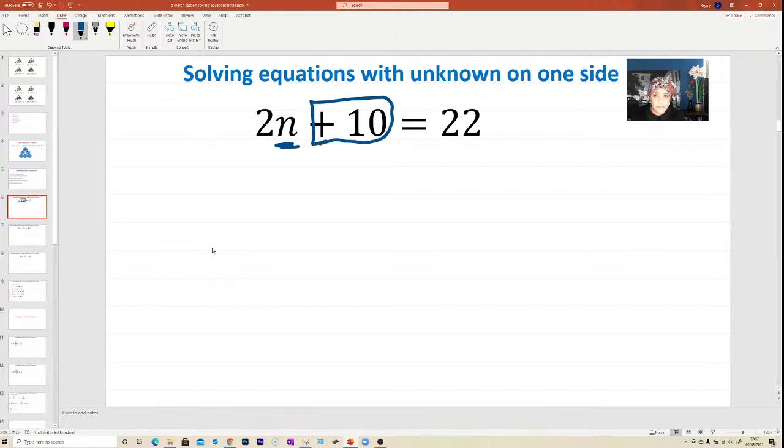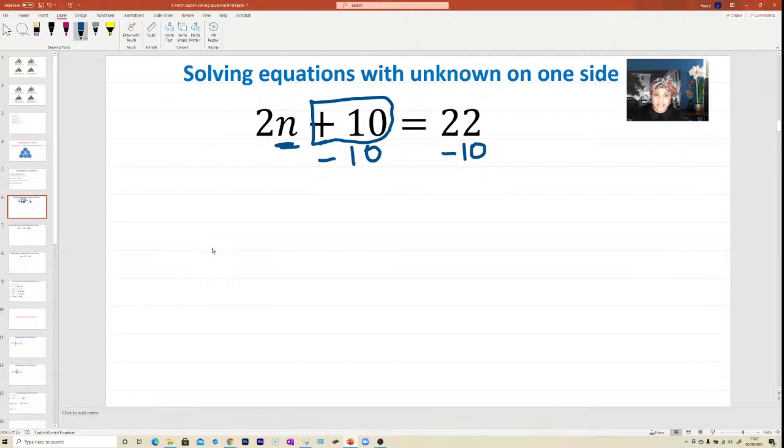How can we do it? Well, it's a plus 10, and we want nothing. So what is nothing in math? 0. So to make it a 0, we need to subtract 10. Okay, so we're going to take away 10 from both sides. Because it's an equation, whatever you do on one side, you have to do on the other side.